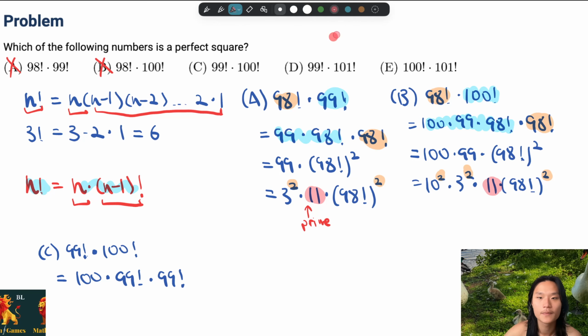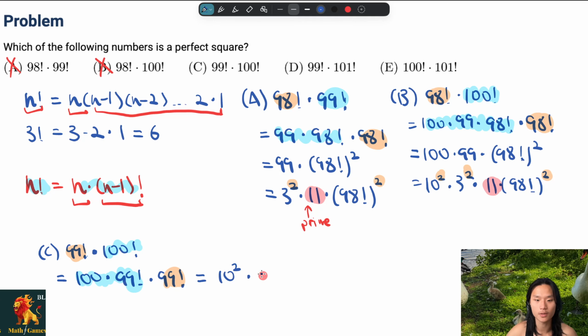So 100 factorial has been broken down into 100 times 99 factorial, and the other 99 factorial is here. Now, as you can see by now, 100 is 10 squared. So then we multiply by 99 factorial squared.